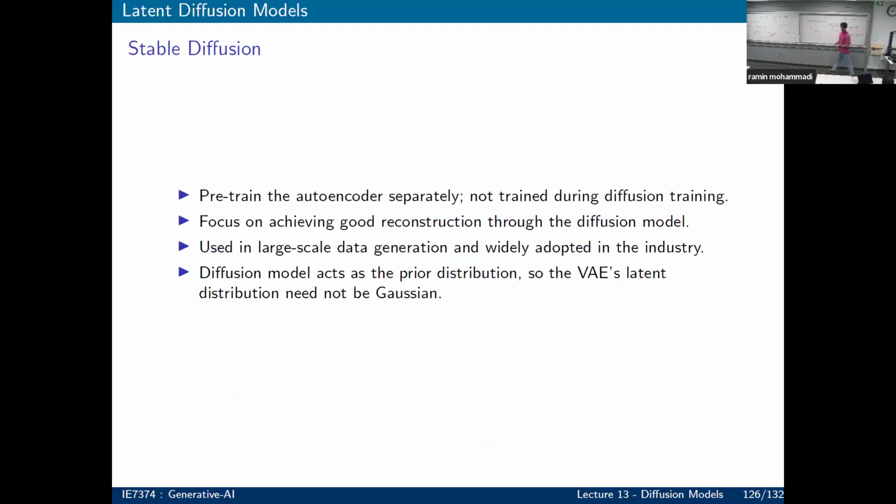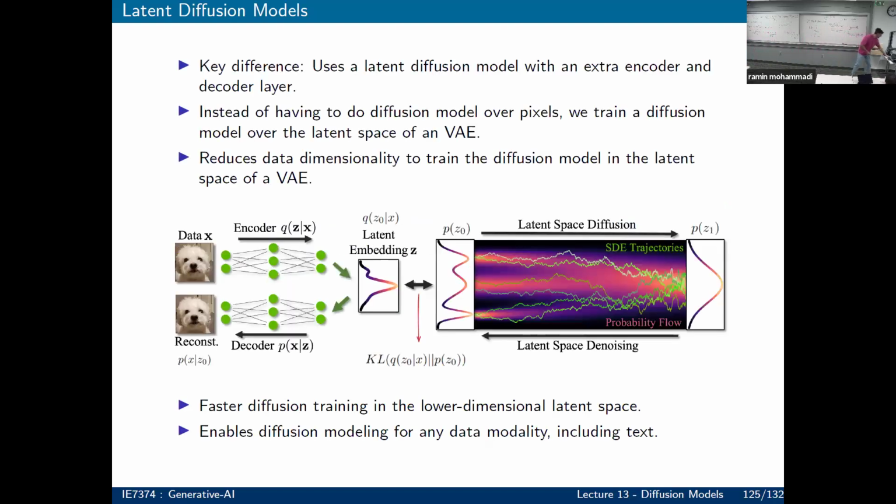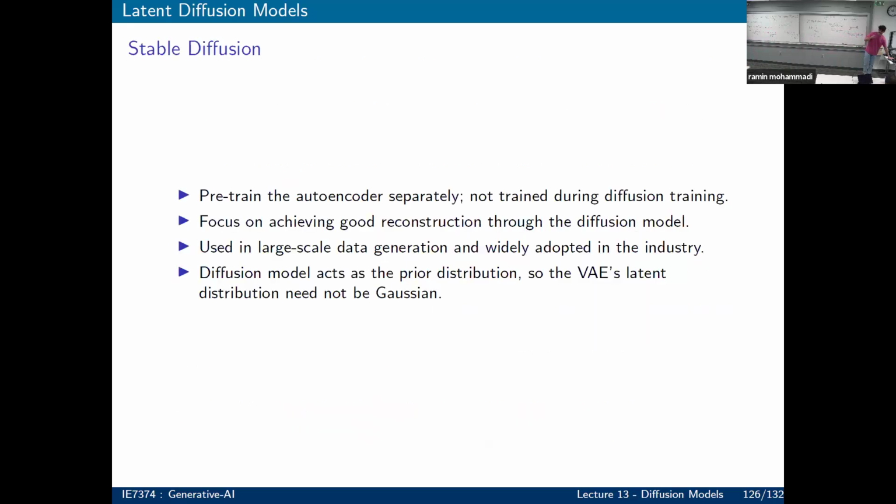So have you heard of stable diffusion? Yeah. So stable diffusion is technically a version of the diffusion with the autoencoder, like the encoder concept. So this is a latent diffusion. A stable diffusion is just a latent diffusion where you don't train the encoder together with the diffusion. You just train it separately.